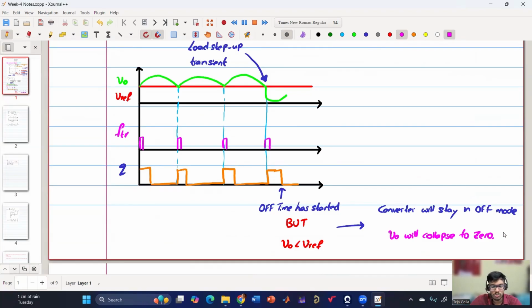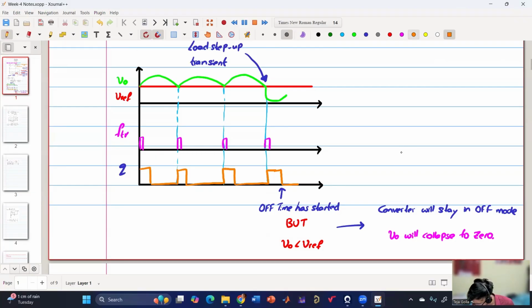Now how are we tackling this situation? At the end of constant on time, we will give minimum off time.